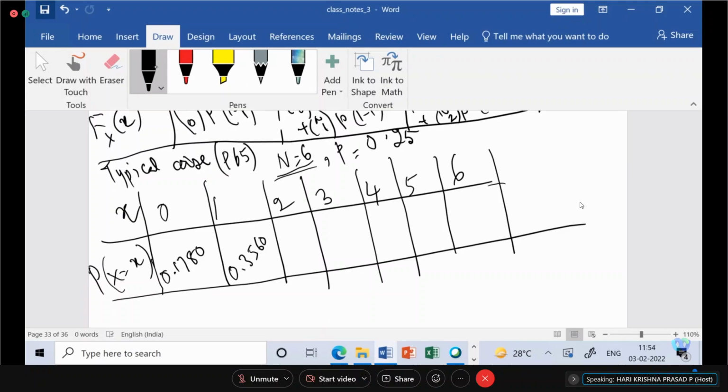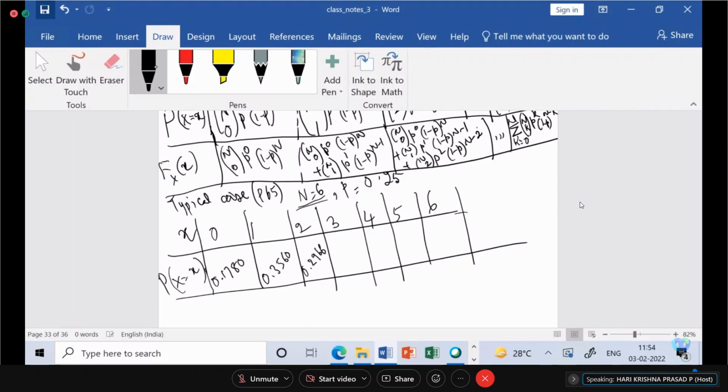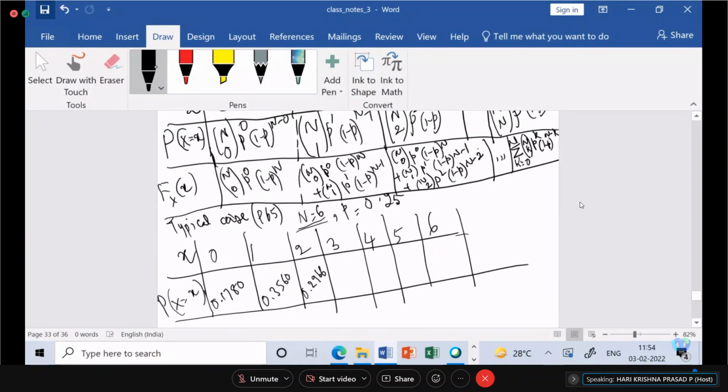How do we get these numericals? By using the expressions which I discussed earlier. NC0 p power 0 into (1 minus p) whole power n minus 0 is 0.1780. That is how I got the values.